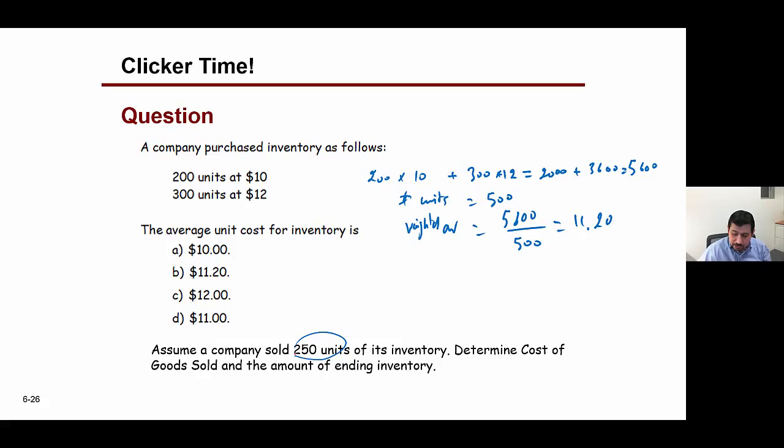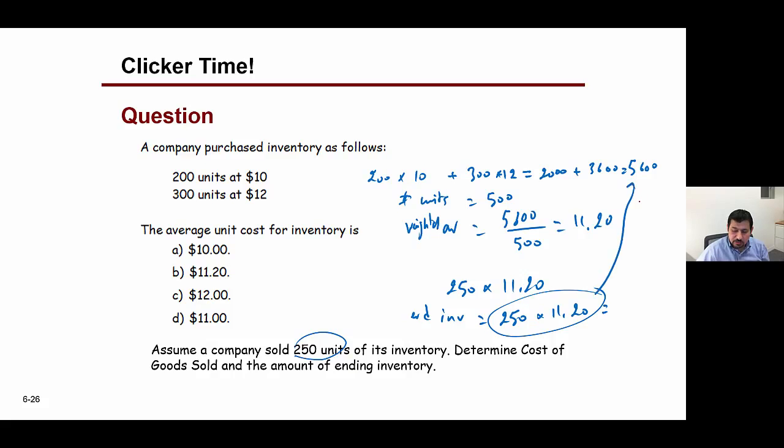You can either multiply it directly by 11.20, or you can calculate the ending inventory, which is equal to the total units minus the ones sold, 250 multiplied by 11.20. Then you subtract this amount from 5,600.